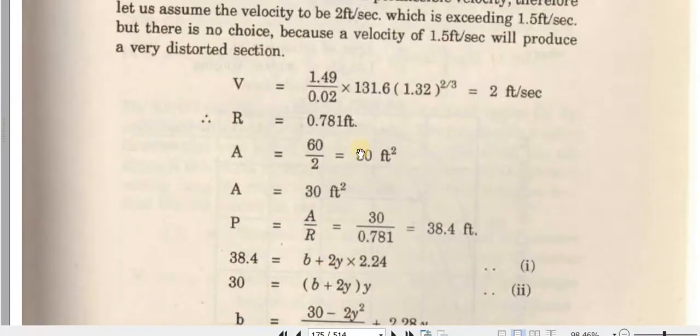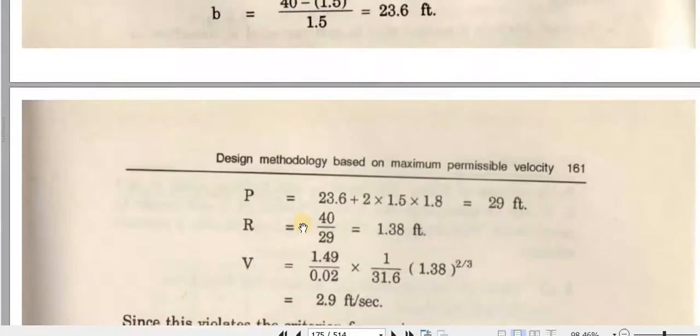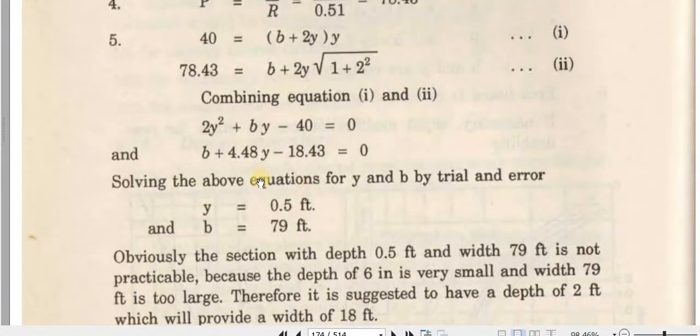If we increase the velocity from 2 to 2.2 feet per second, then depth will be a little bit more and width will be a little bit less. Because one of the most important things here is that at our first trial, when we had a width of 79 feet and depth of 0.5 feet, this is not an economical design.